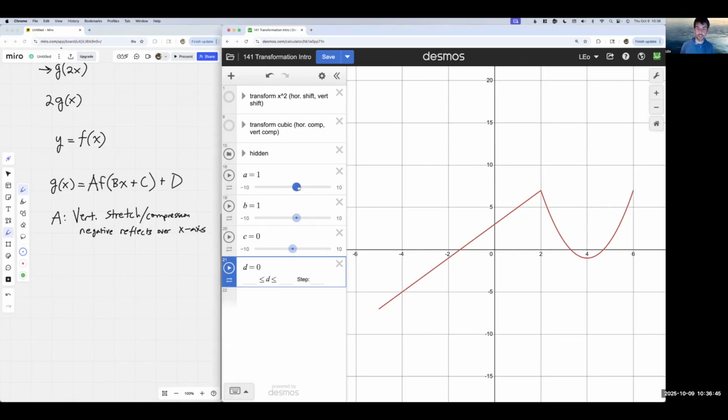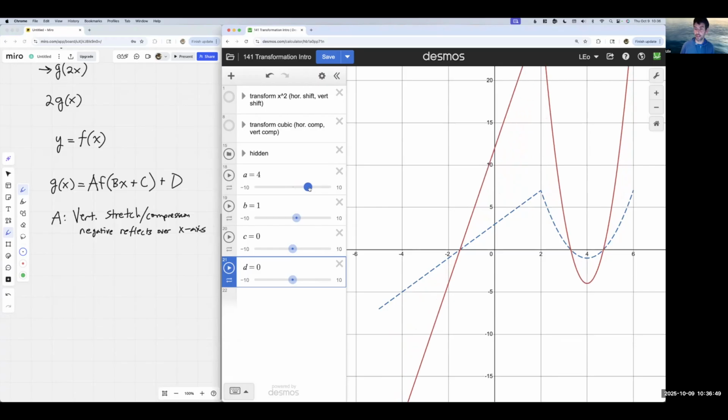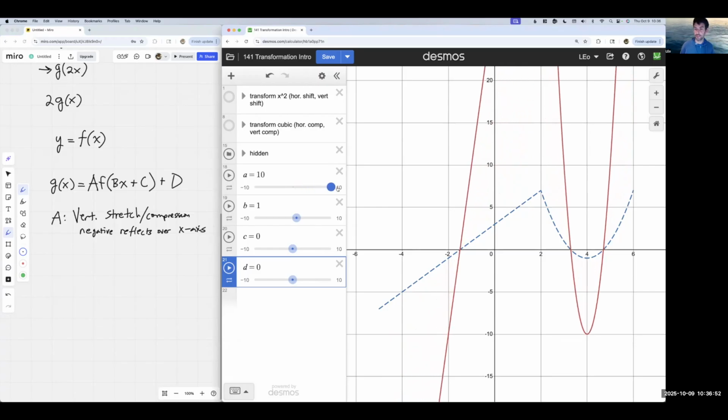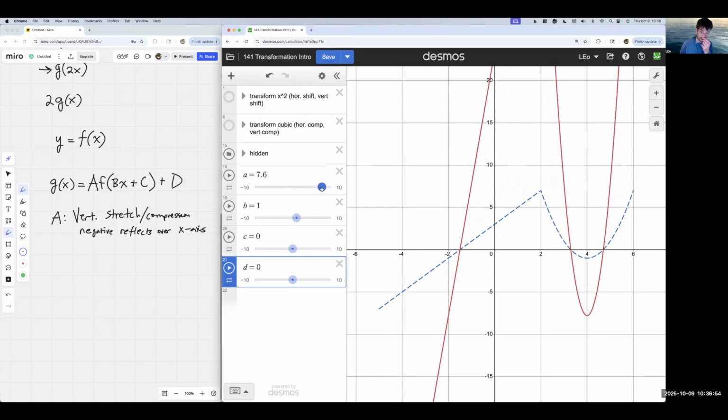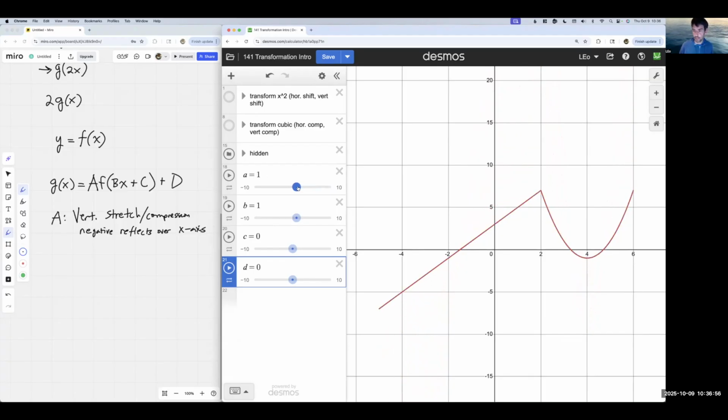Here's my function, and I multiply it by a number bigger than 1. We're stretching it further away, right? There it's multiplied by 10. It's quite stretched from the x-axis. Back to 1, we're at our original. If we multiply by numbers less than 1, but positive, we're compressing it. Now we're multiplying by 0. That's kind of the boring option. It just kills the function.